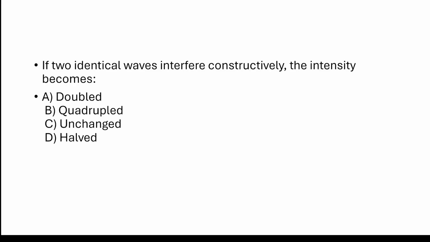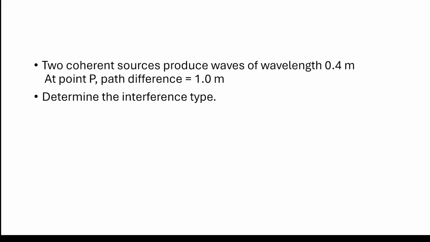Okay, go ahead, pause and do the question. The answer is this. Okay, wavelength is 0.4, path difference is 1 meter, so this is 1, lambda is 0.4. Let's see what multiple it is coming.